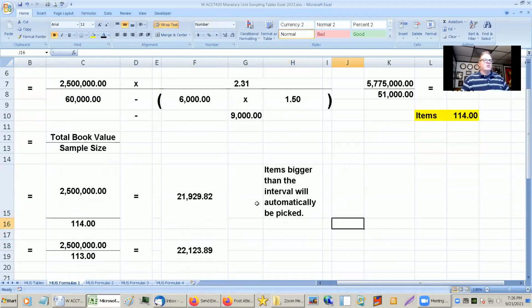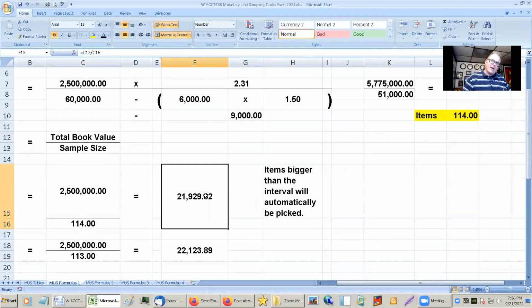So if there is an item that is bigger than 21,929, it is automatically going to be picked. And the beauty of this is if a client is trying to cook the books, trying to increase their sales, for instance, the more that they increase it, the more that they cheat, the more likely it is you're going to find it. And this is not true of classical sampling.